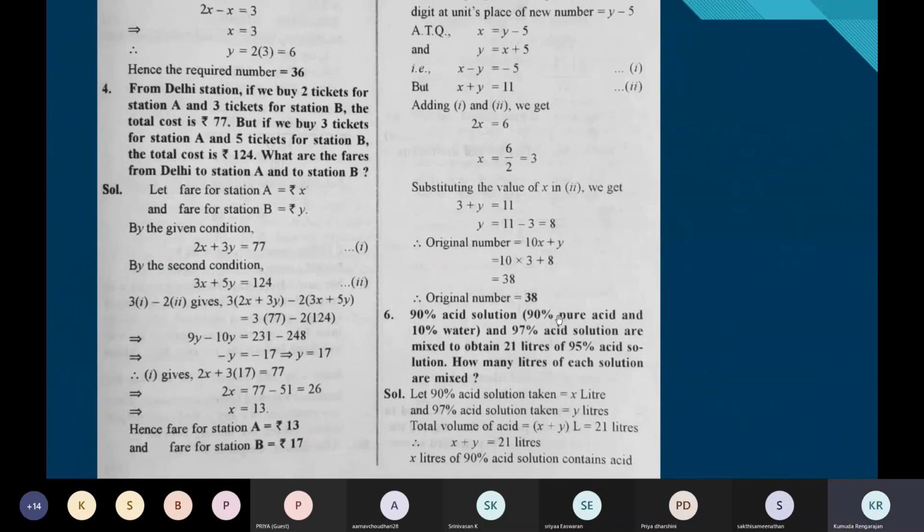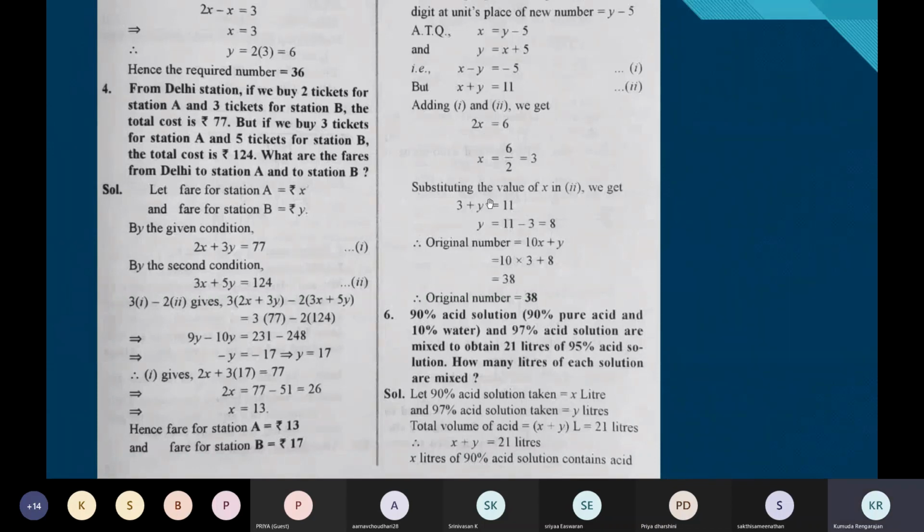So now there are two different solutions. How much of the 90% acid solution you have cannot be found, and how much of the 97% acid solution you have also cannot be found. The question is how much of each should be mixed so that you get 21 liters of 95% acid solution.